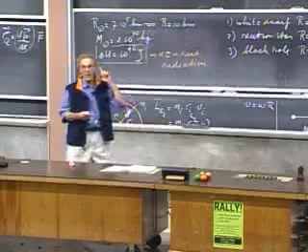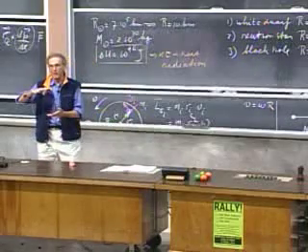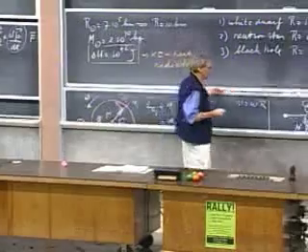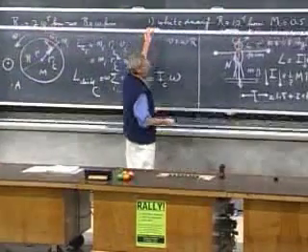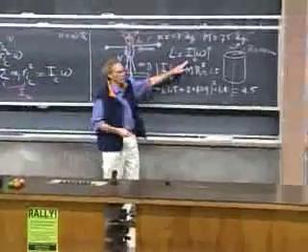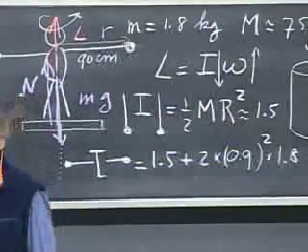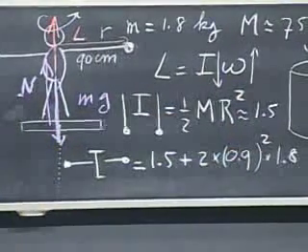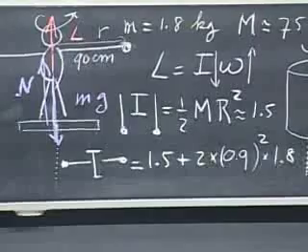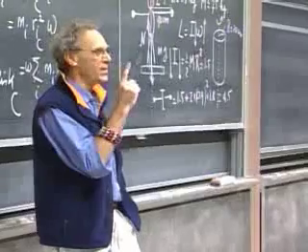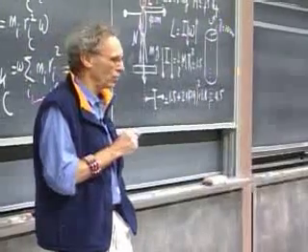That means r squared goes down by a factor 10 billion. And if r squared goes down by a factor 10 billion, then the moment of inertia goes down by a factor of 10 billion. And so omega must go up by a factor of 10 billion. If you started off with a star that rotated about its own axis in 100 days, it ends up rotating around in 1 millisecond when it has become a neutron star.